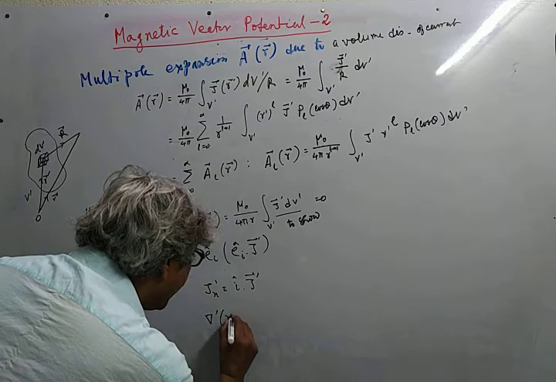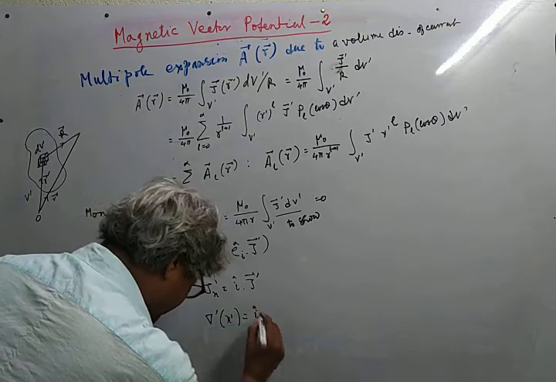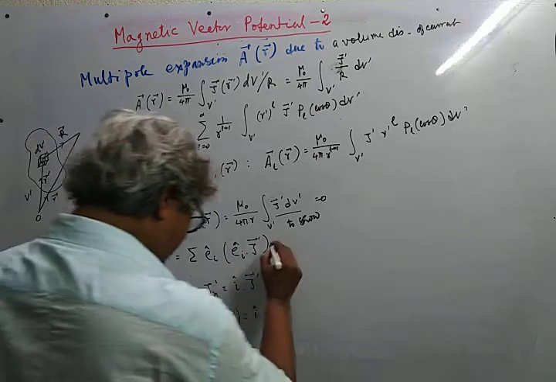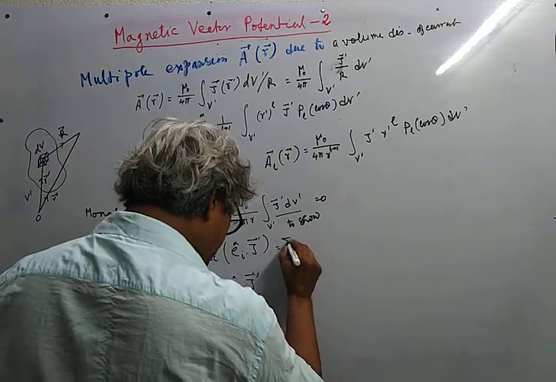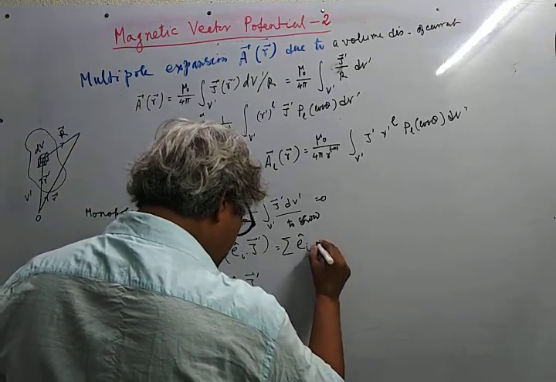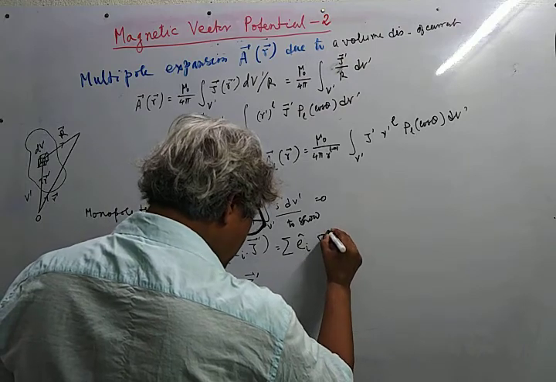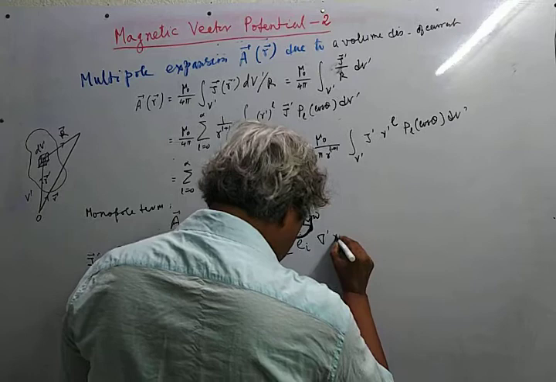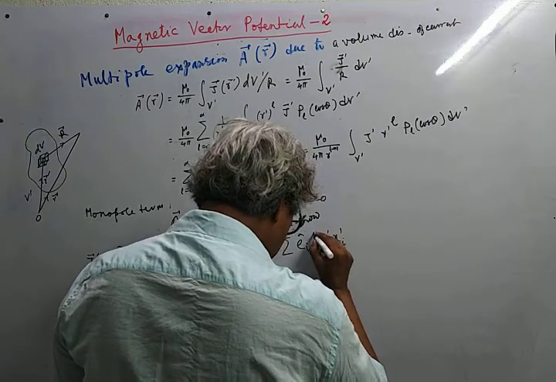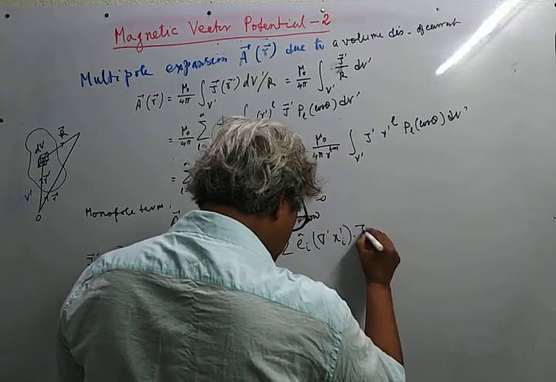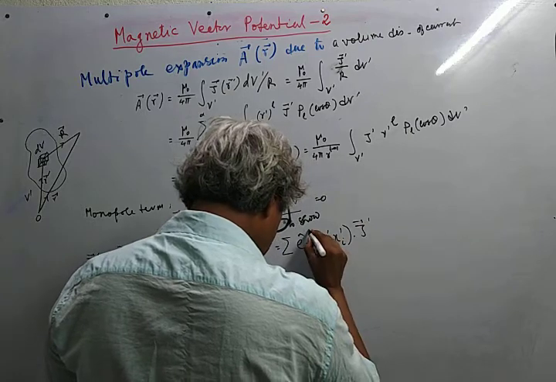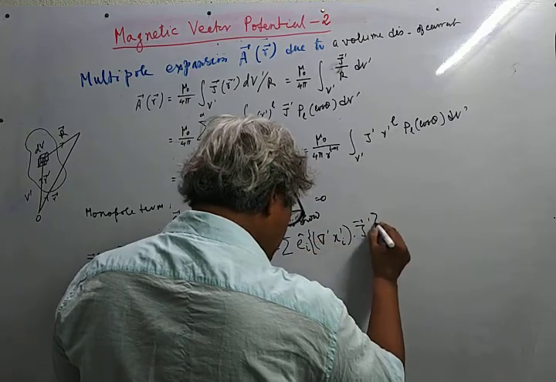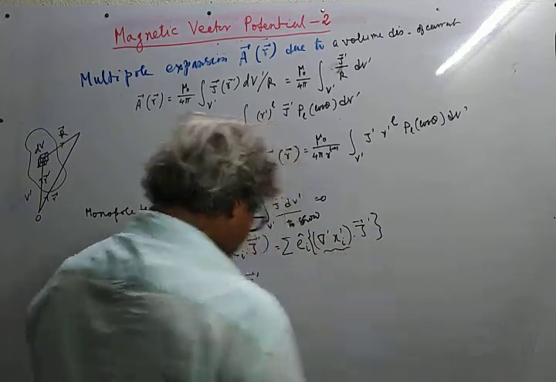Nabla prime x prime is equal to i cap. So we can write it as this is for the i cap.